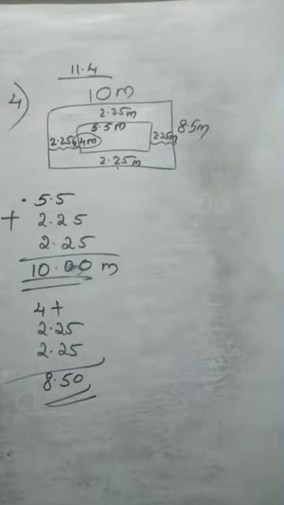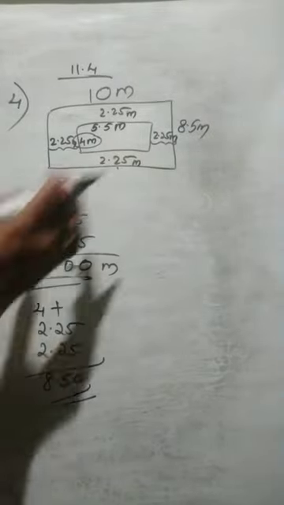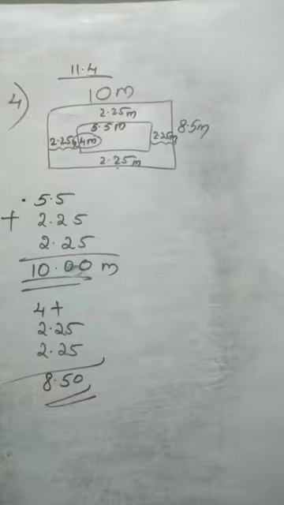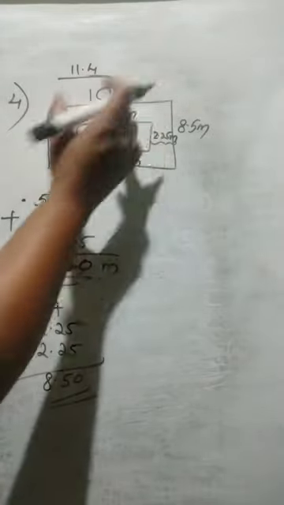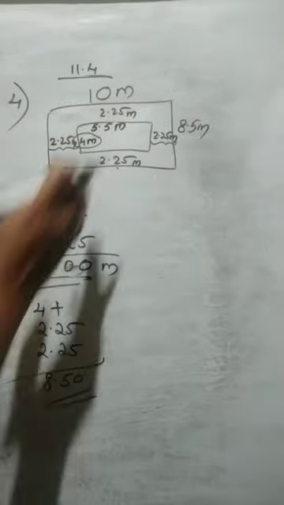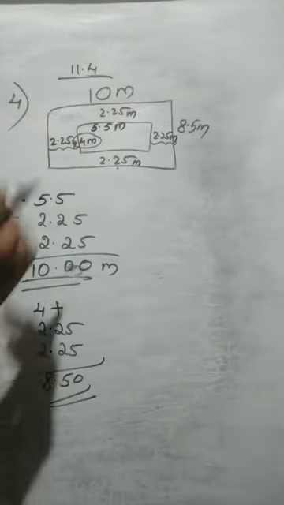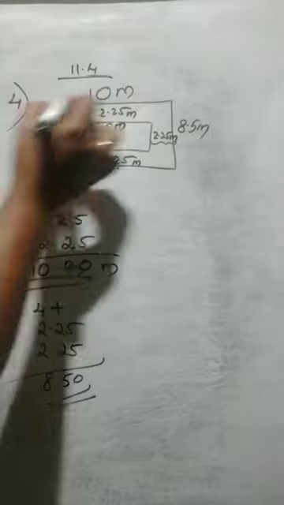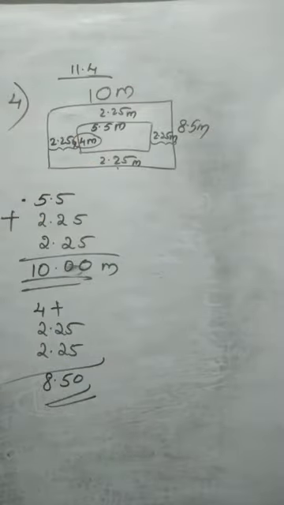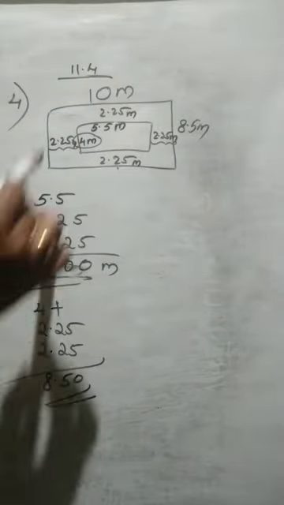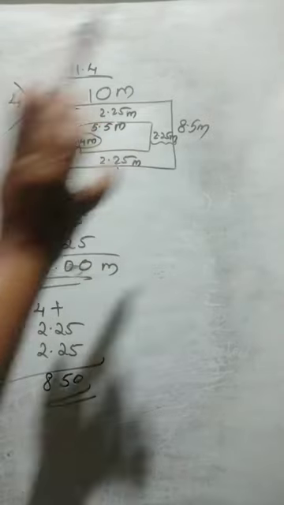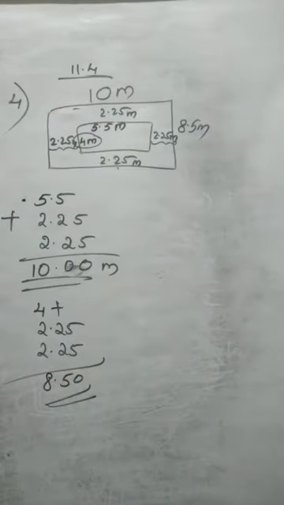You got it? You have to add the width of the path. If we need to find the inner side length and breadth, we have to subtract. If we need to find the outer side length and breadth, we have to add, on both sides.